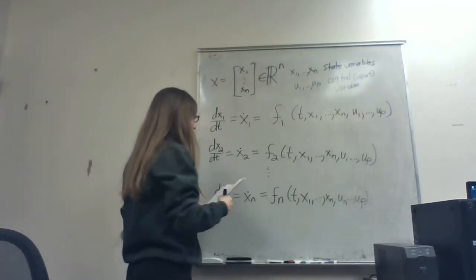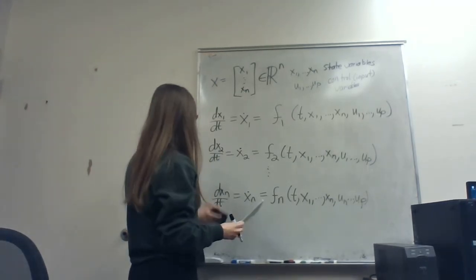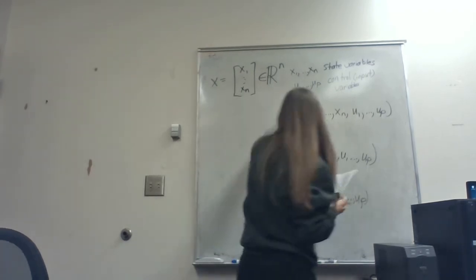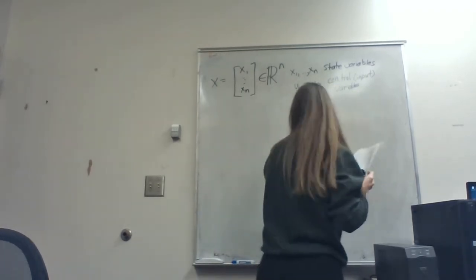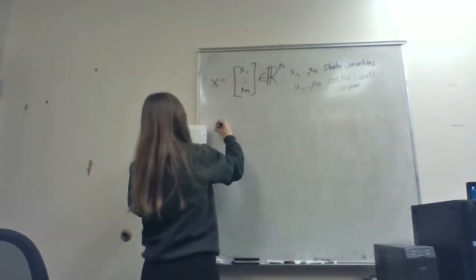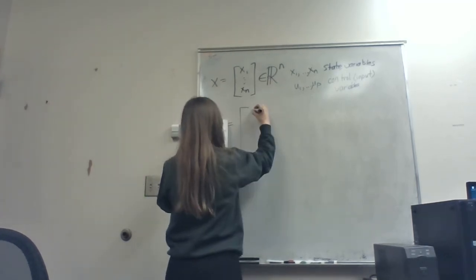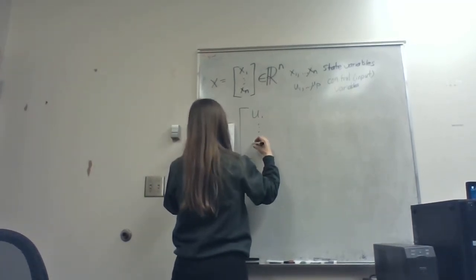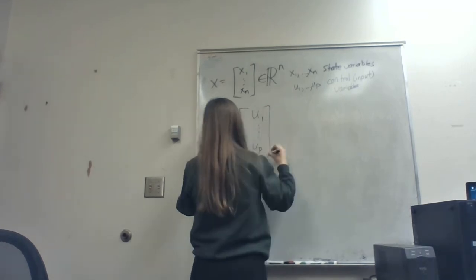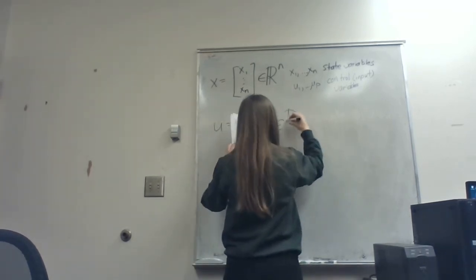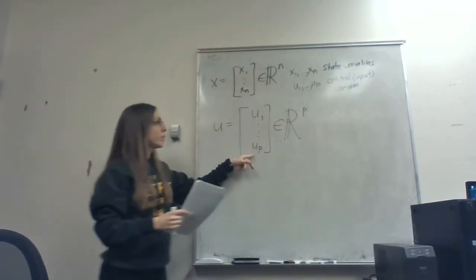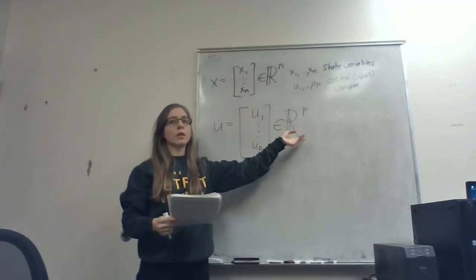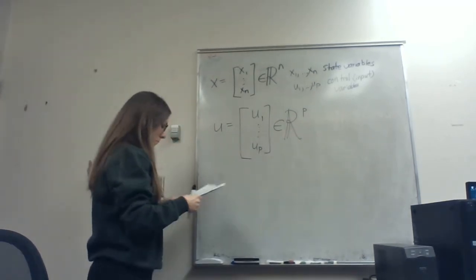Then we have that u is equal to u1 dot dot dot up, contained in R to the p. Because we have p entries here, this is in the R to the p space.